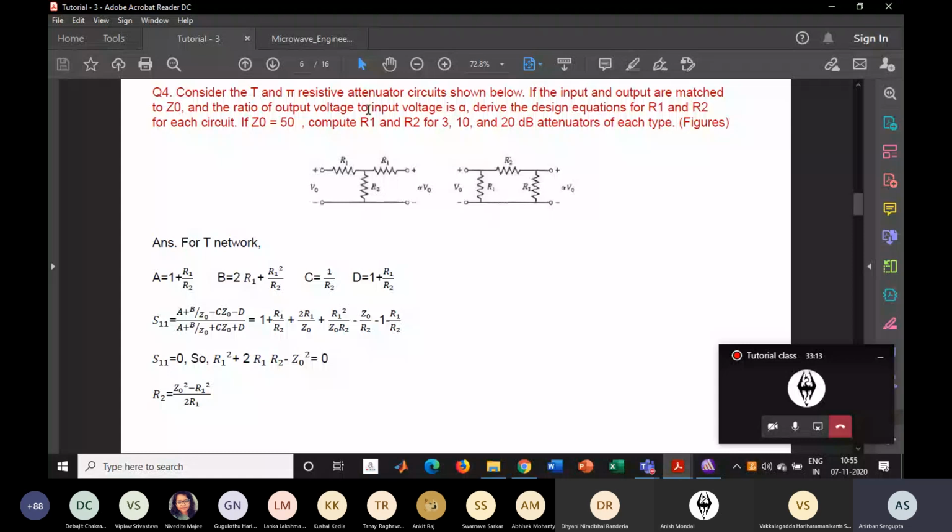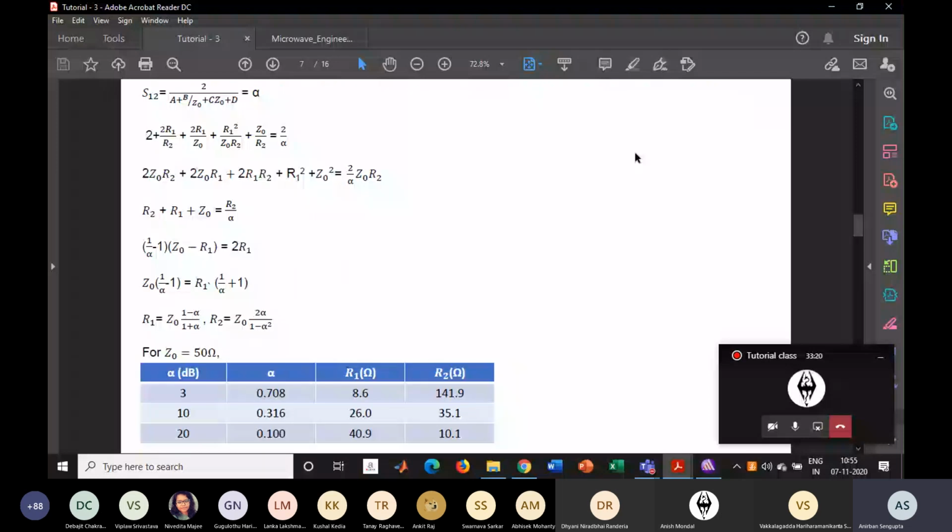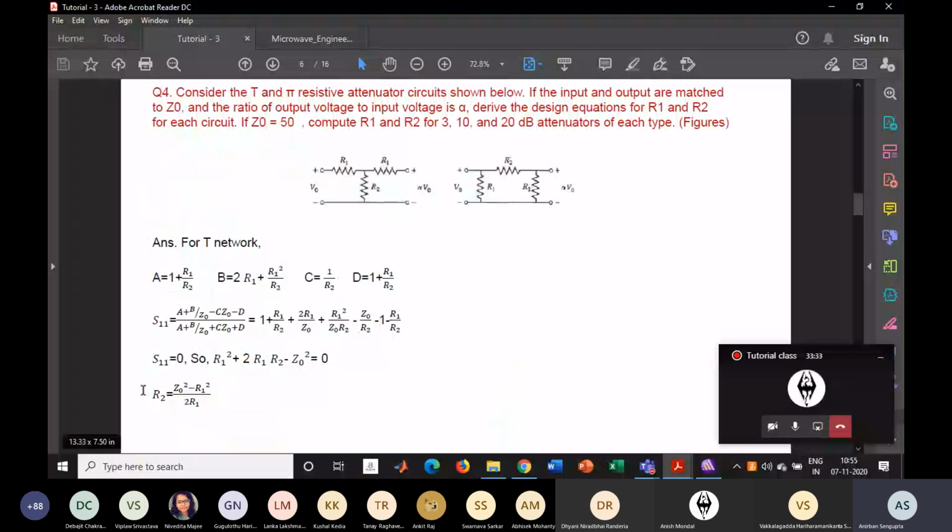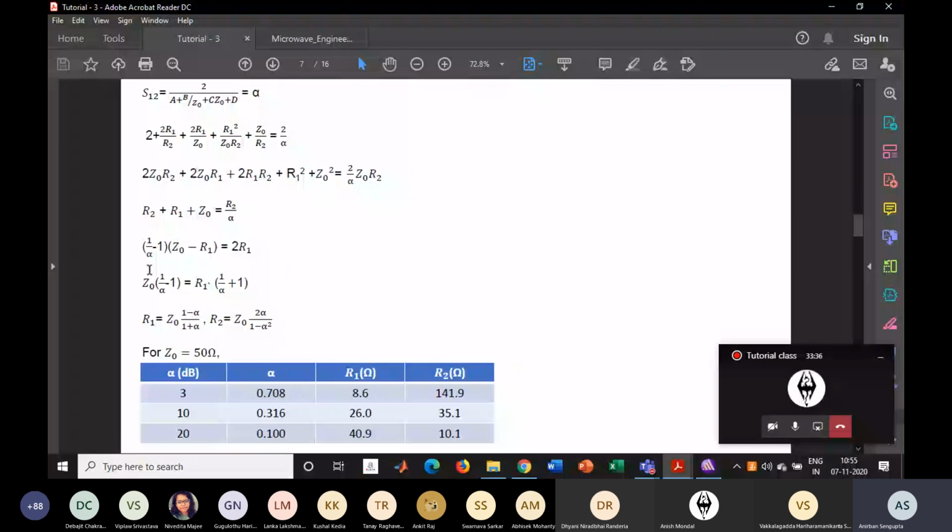Now manipulate the equation using the value of R2 you got from the previous one. After manipulating, you will find one equation which solely consists of R1. So by variable separation, you can find out the value of R1.